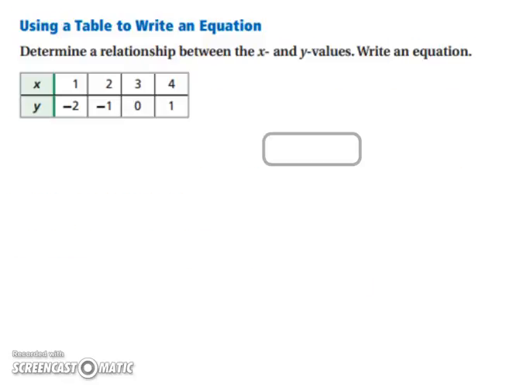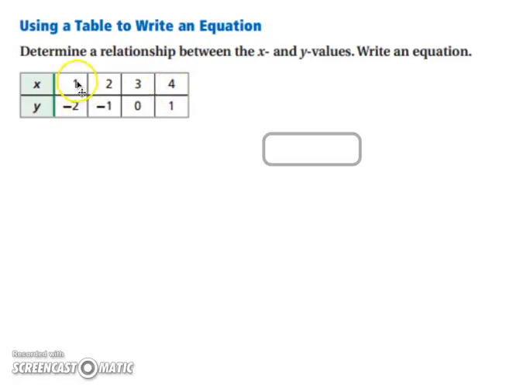Let's start with using a table to write an equation. So we have a table of x values 1, 2, 3, 4, and then our y values are -2, -1, 0, and 1. So let's start with looking for a pattern. If we look, our x values are increasing by 1 each time.